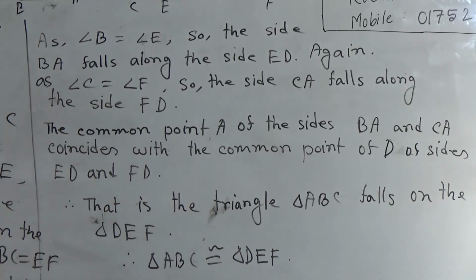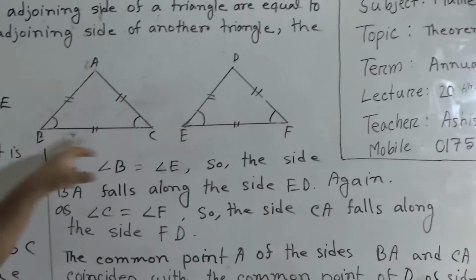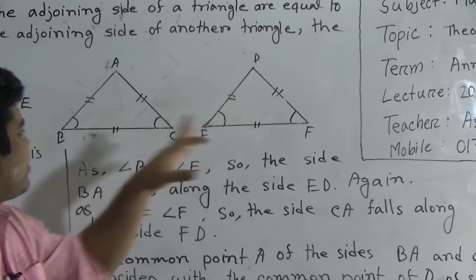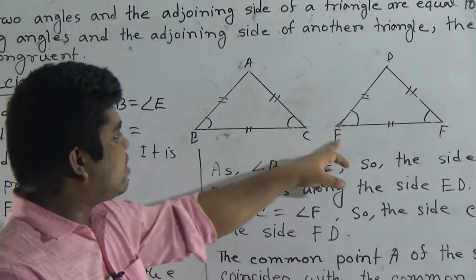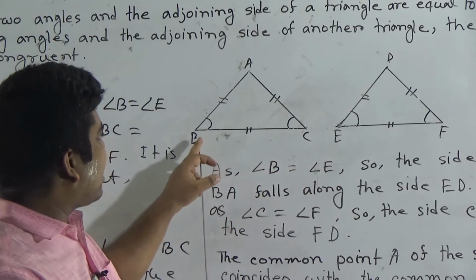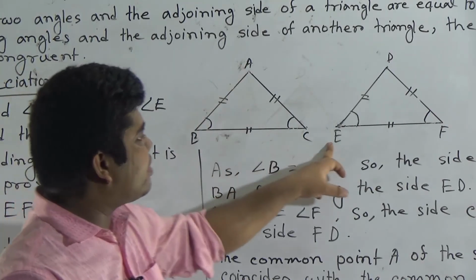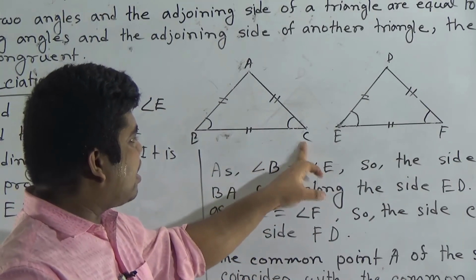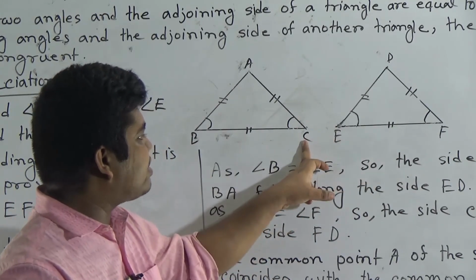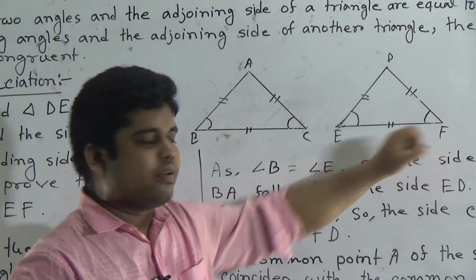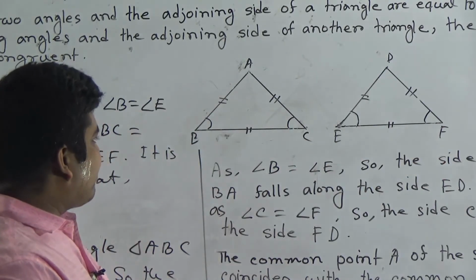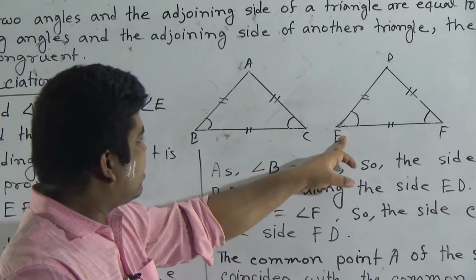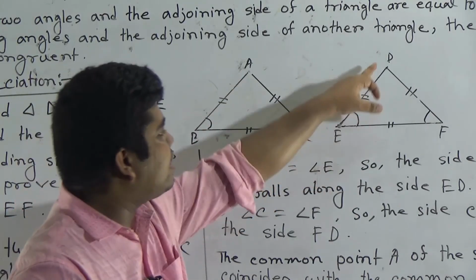At a glance, place triangle ABC on the triangle DEF, just like the point B falls on the point E. The side BC falls along the side EF, as BC equal to EF, so the point C falls on the point F. As angle B equal to angle E, so BA falls along ED.